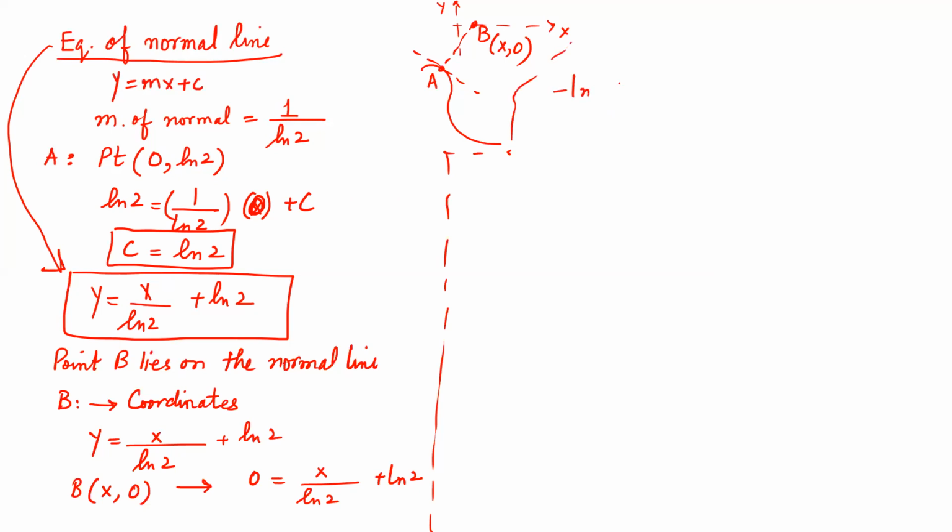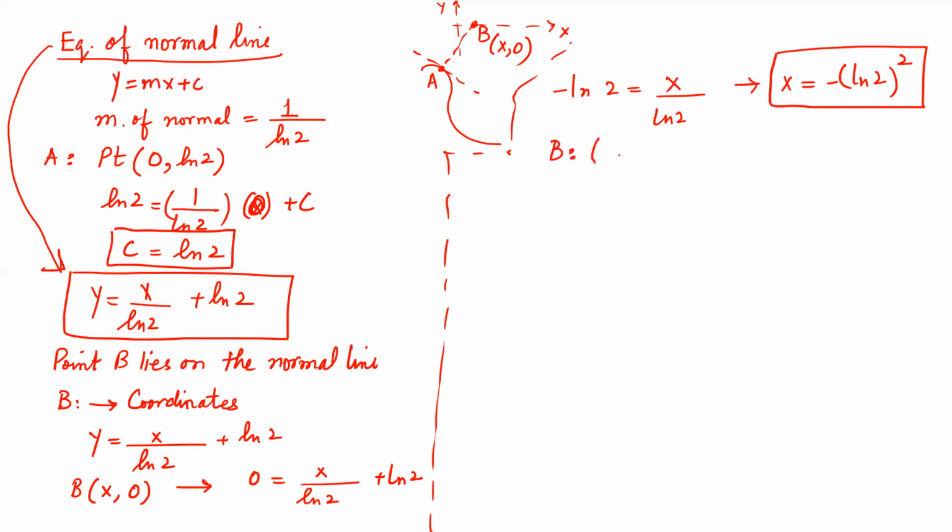We get minus natural log of 2 equals x over natural log of 2. So x equals minus natural log of 2 whole squared. This is the value of x. So the coordinates of point B are minus natural log of 2 squared, comma 0.